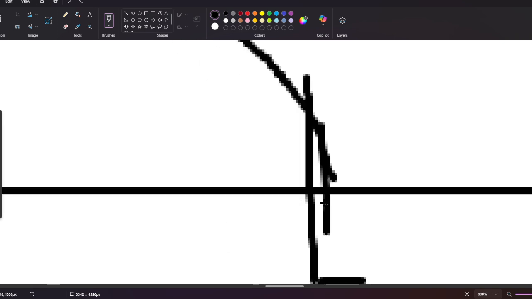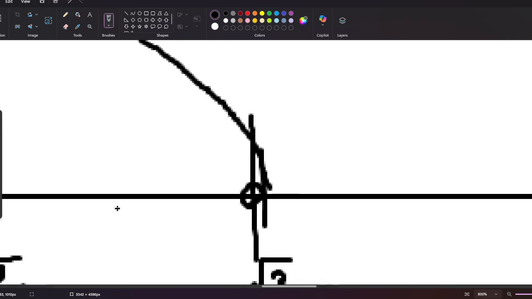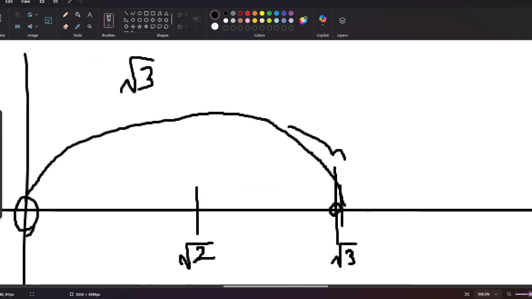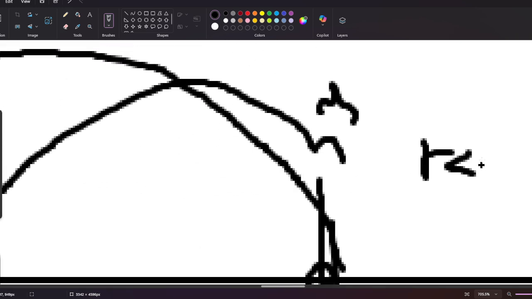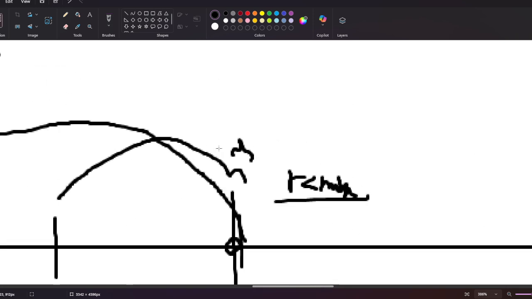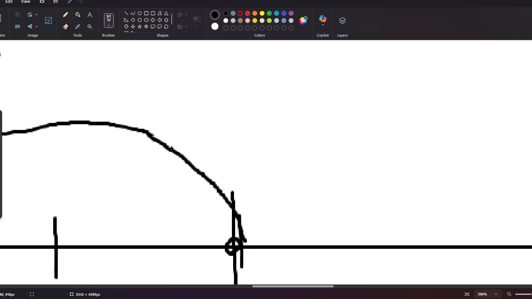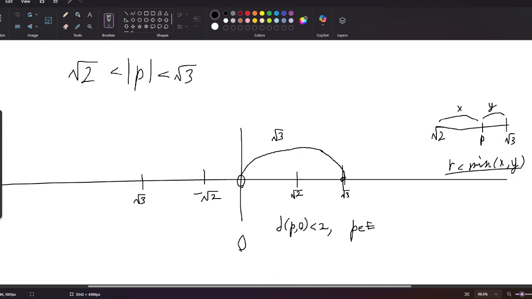So if we were to go with that, then my prior argumentation again applies. We can take the distance to square root of 3 and square root of 2, take the minimal one, and say that the radius is less than that, and that's sufficient for having a bunch of nice relations, but also the fact that it's also closed.